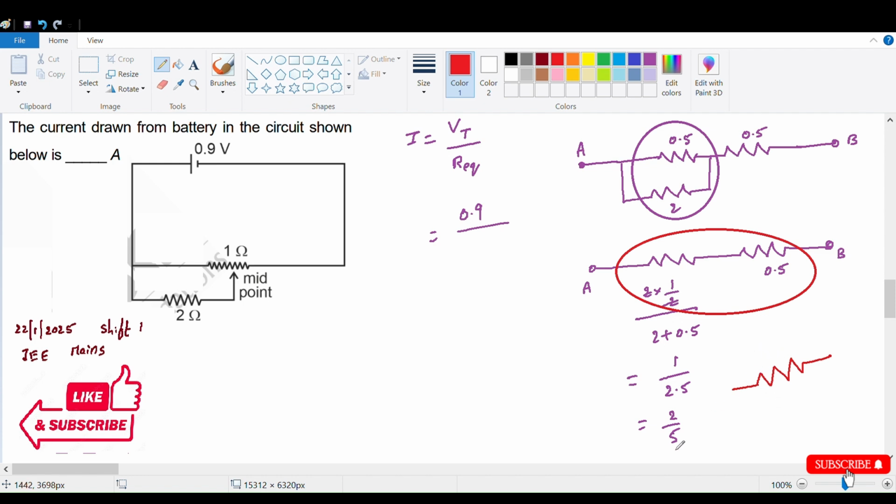This is how much? 2 by 5 is 0.4. 0.4 plus 0.5, answer 0.9 ohm is the equivalent resistance. Substitute here: 0.9, 0.9 cancel. So I is equal to 1 ampere current flows in the circuit.